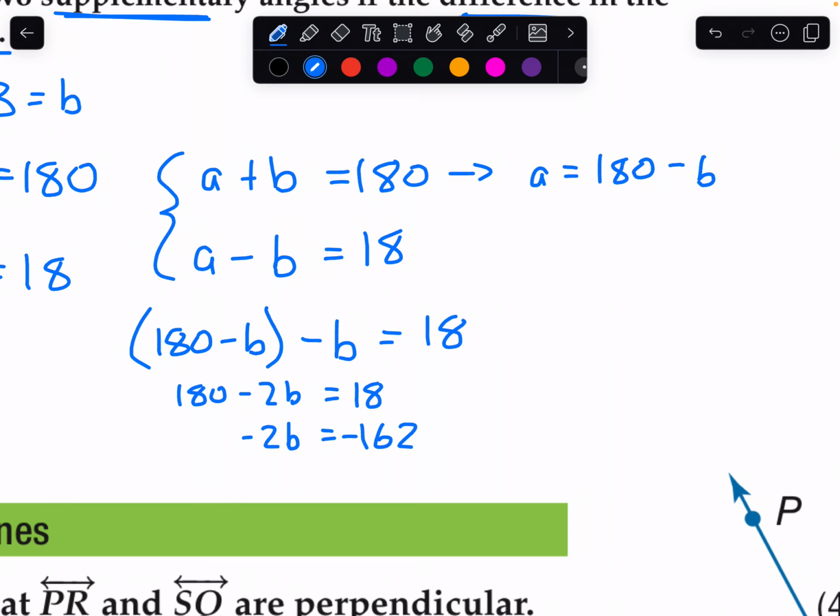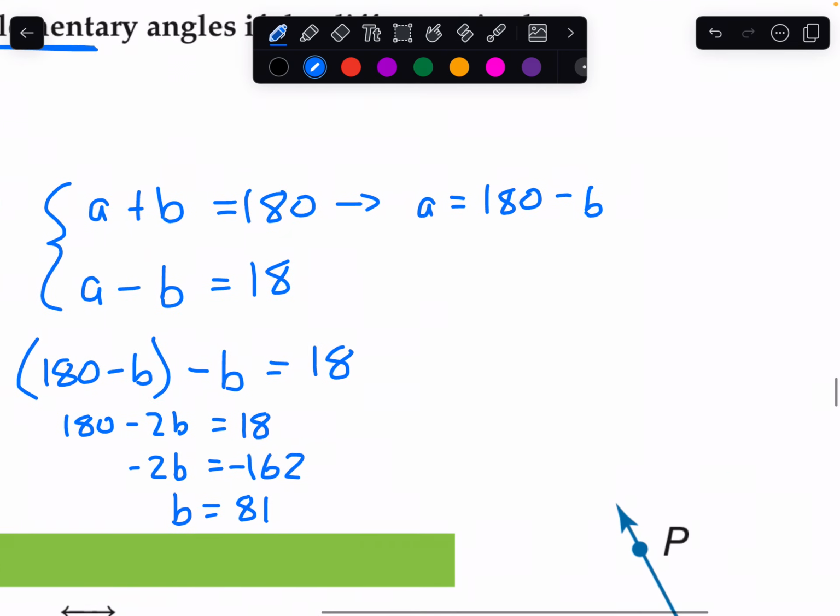Opposite, negative 162. Divide both sides by negative 2. Half of 16 is 8, half of 2 is 1. 81. And that means B is 81. That means A equals 180 minus 81. If it was minus 80, it would just be 100.